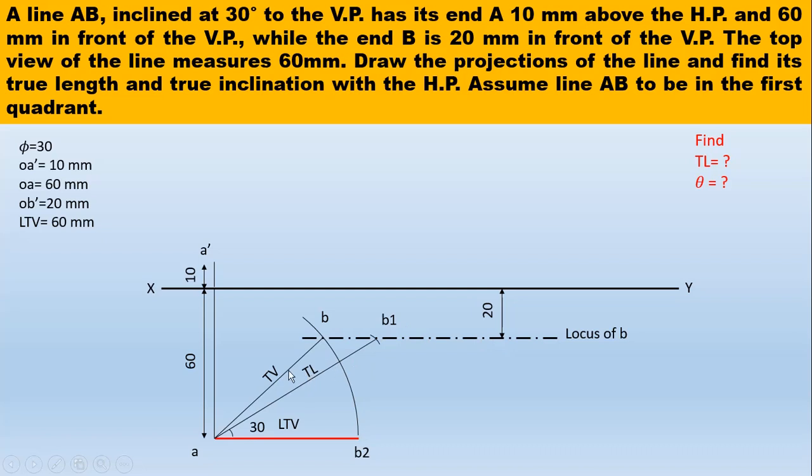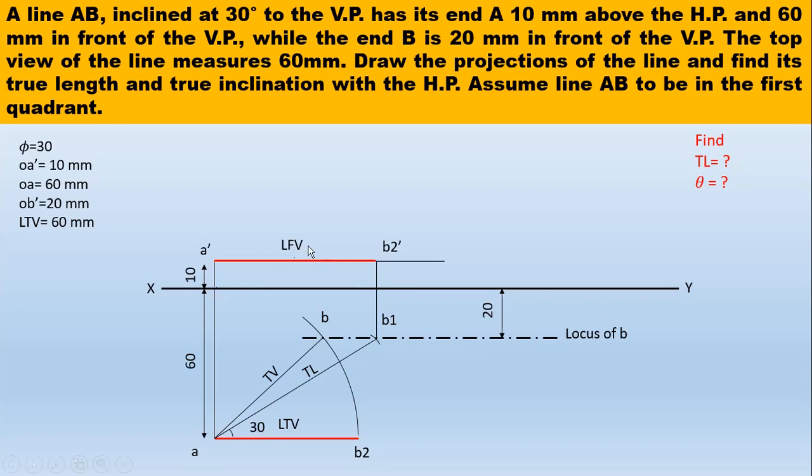Now you have top view, you have true length. So we know that true length in top view will give you length of front view. Let's project that. So this is nothing but our length of front view. And we also know that the end projectors of the front view and top view will lie on the same vertical line, right?